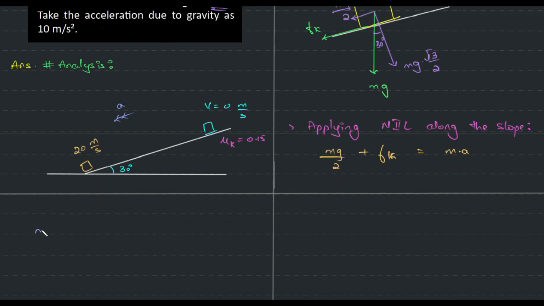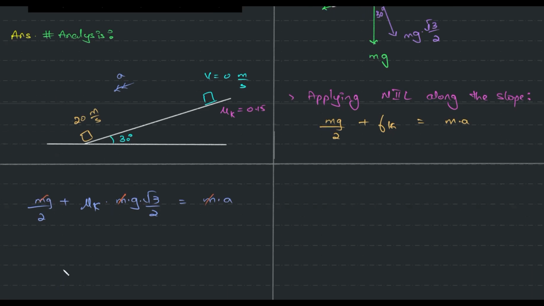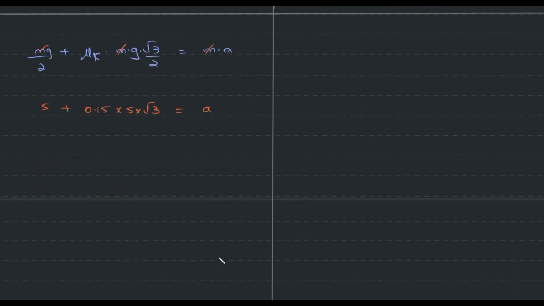And Fk is dependent on mu k into mg root 3 by 2, that is the normal value, so it is equal to m into a. So m gets cancelled. This is 10 by 2, 5, plus mu is 0.15, g is 10, so 5 root 3 is equal to the acceleration, which is what we are trying to figure out, and that is your answer.